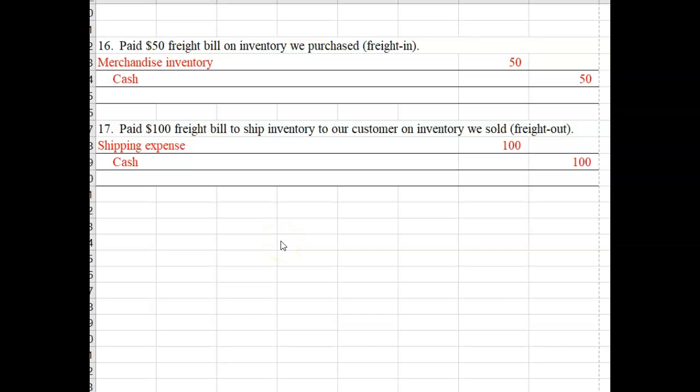Freight out, recorded by the seller to ship inventory to a customer, has to be charged to an expense. You could have charged it to freight expense, you could have charged it to shipping expense, but it has to be an expense. I chose to call it shipping expense, $100 debit, cash, $100 credit.